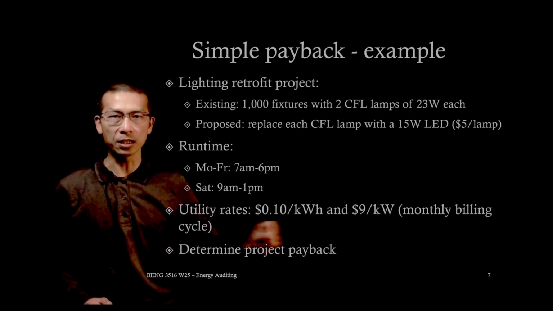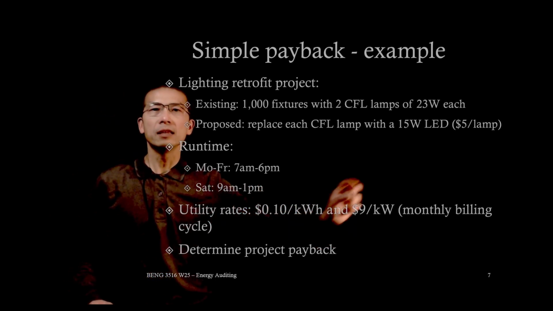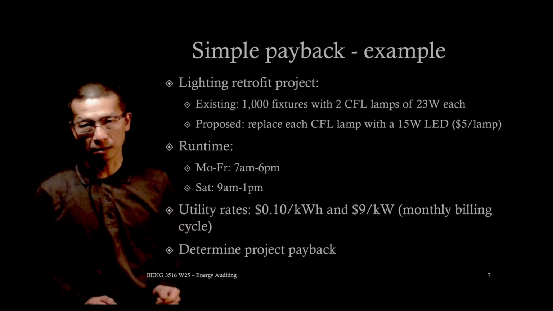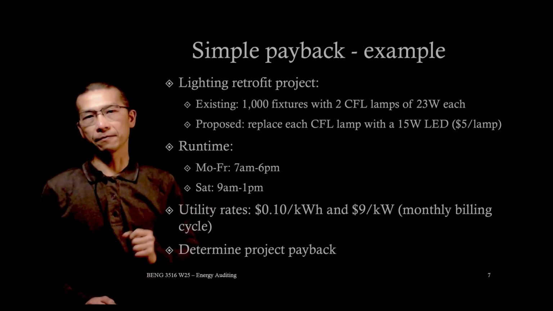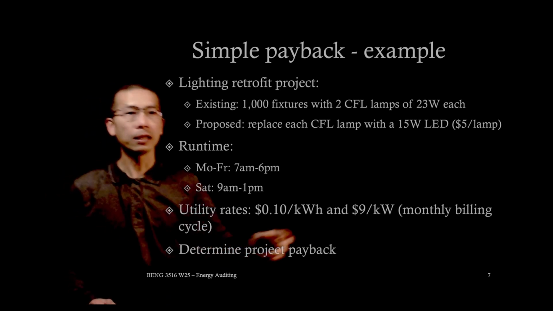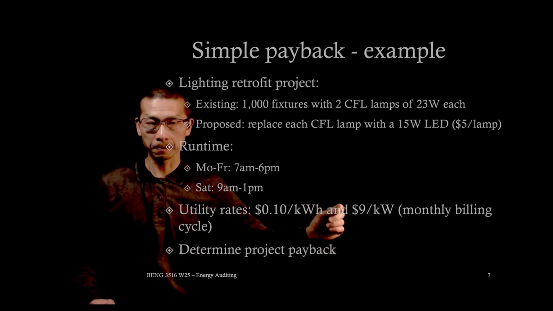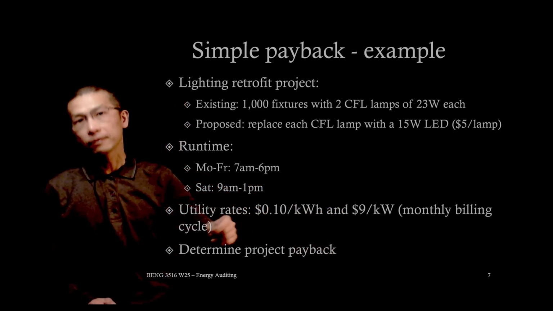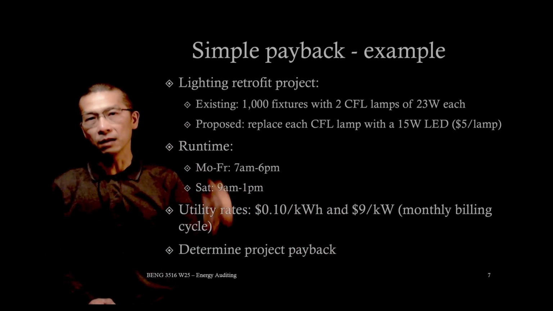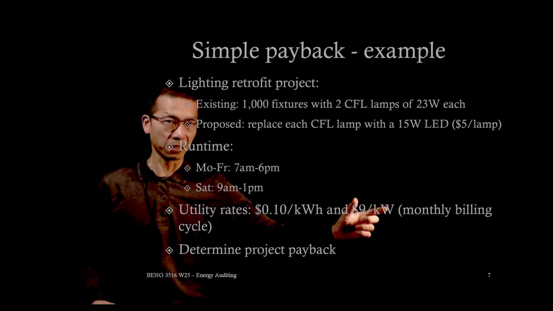So this is usage. $9 per kilowatt accounts for the peak demand cost. If the lighting system operates during the peak demand, then we need to include the $9 per kilowatt. If the lighting system is turned off during the peak demand, then this $9 does not apply.